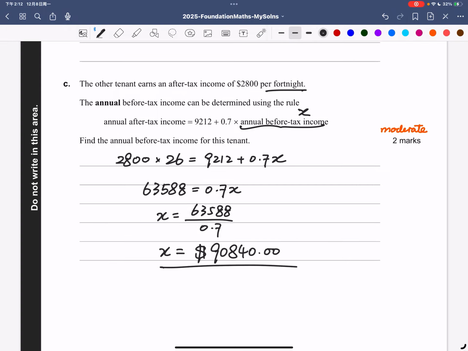So that's the second tenant's before-tax income each year, annual, okay? Before you use this number, you have to use the $2,800 and convert it to the annual after-tax income. Make the time duration consistent, something along this line.